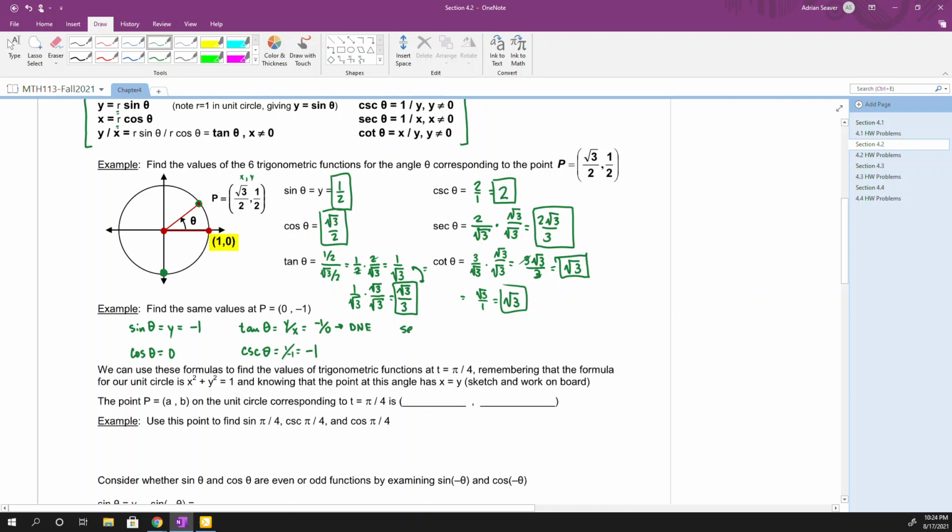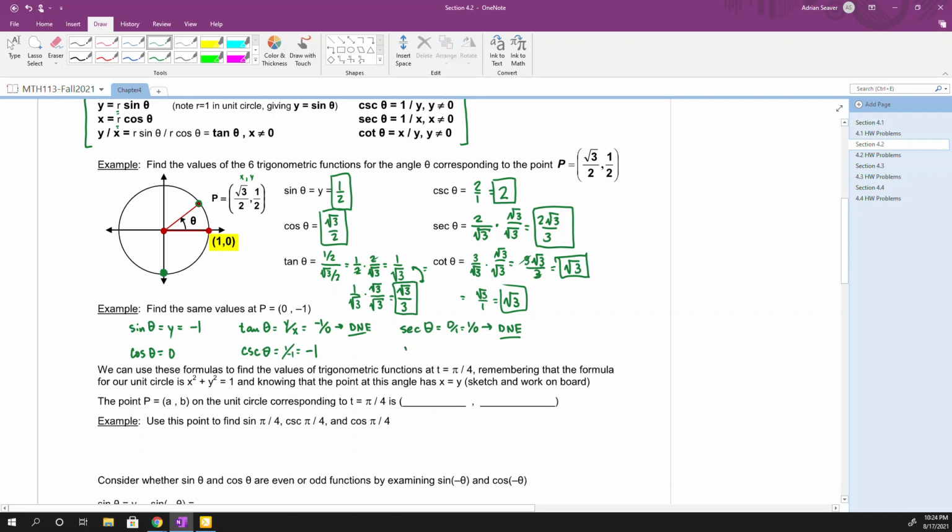You could keep going. Secant of theta is going to be this cosine flipped. So when it says 0 over 1, effectively, we're going to flip that, and we'd have 1 over 0. So it also does not exist. Okay, so the secant does not exist, and the tangent does not exist.